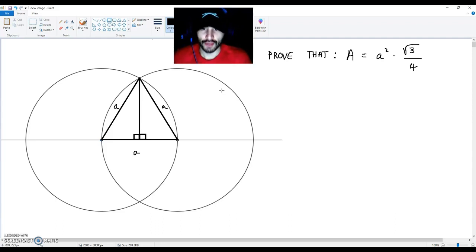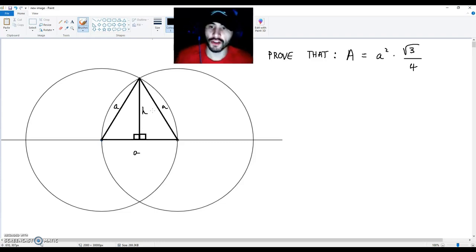Now, in order to get the area of this equilateral triangle, we will need to name this height from the apex of this equilateral triangle to its base h, okay? We are going to name it h.